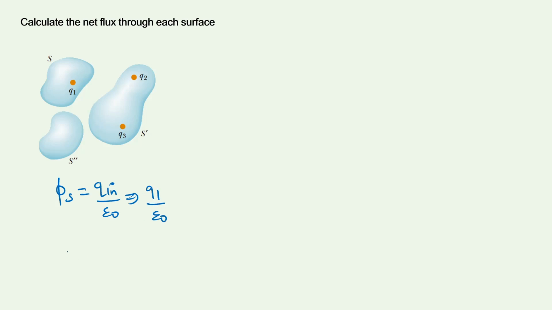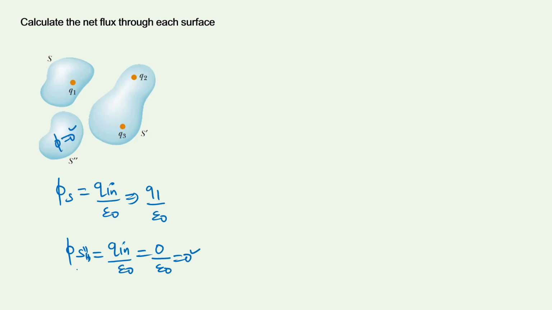For the surface S double dash, since it does not have any charge inside, the net flux is equal to 0.